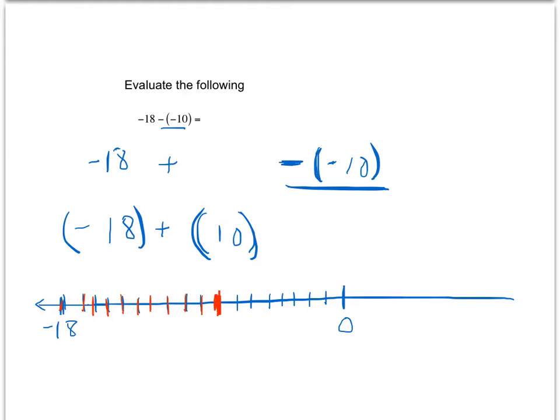Now the question is, where are we? Well, if we go back at 0 and start counting back to this number here, we are at -1, 2, 3, 4, 5, 6, 7, 8. We are at -8. So -18 plus +10 is -8.